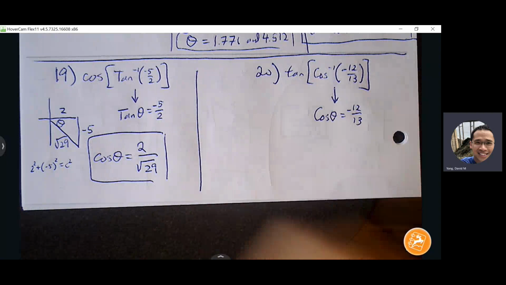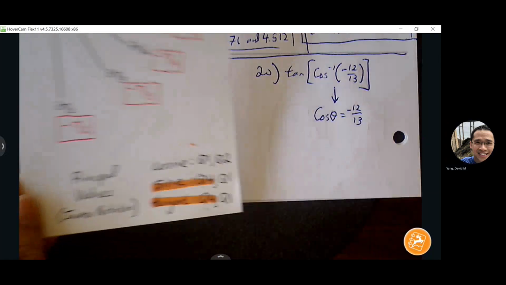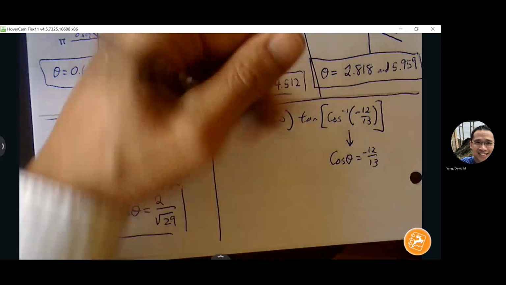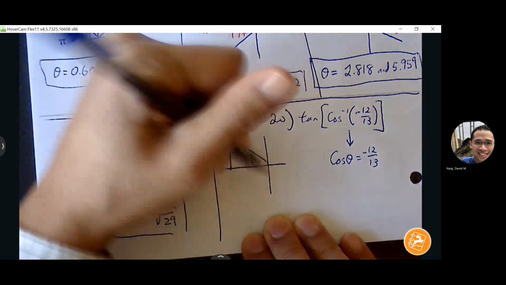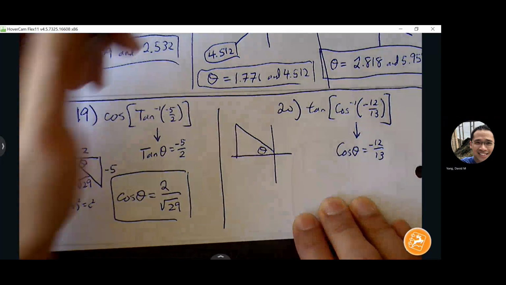Uppercase C. Okay, principal values. Where do we want to put our triangle? Good. Cosine is second quadrant for principal values. Which one takes the negative?